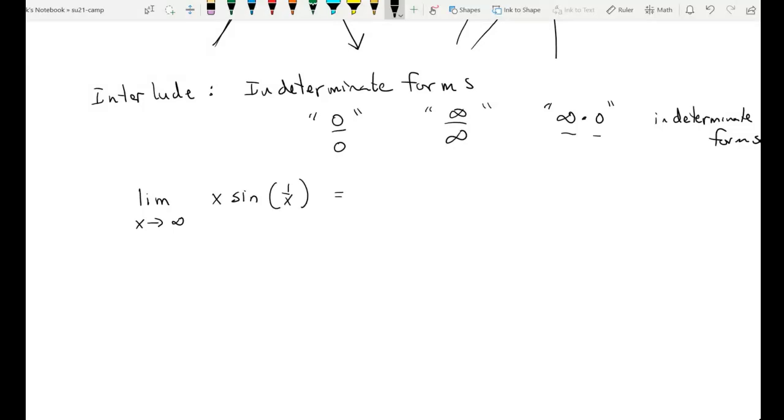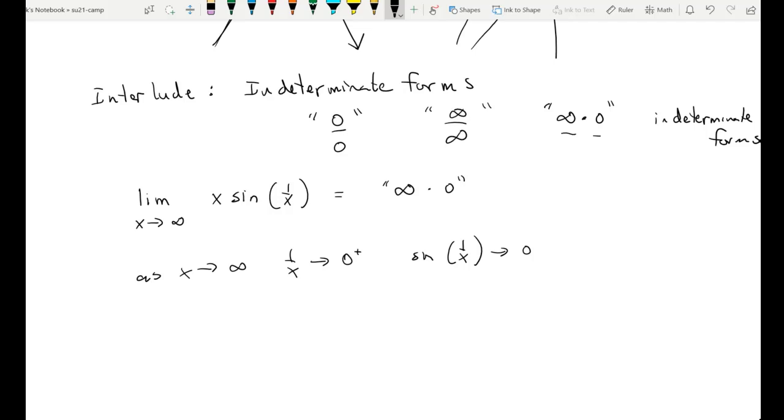As x goes to infinity, the first factor goes to infinity, times sine of 1 over x. We know that as x goes to infinity, 1 over x goes to 0, on the positive side. And sine of something that goes to 0 goes to sine of 0, which is 0. So indeed, you get infinity times 0, which is indeterminate.